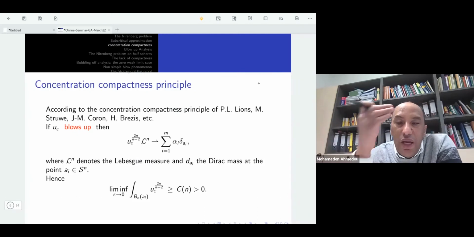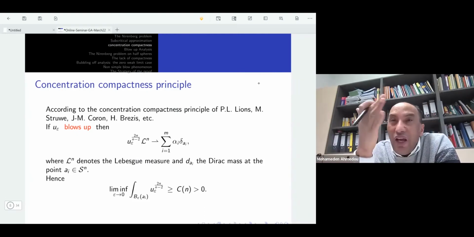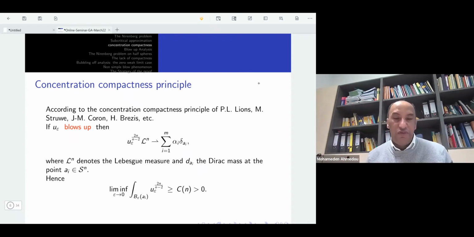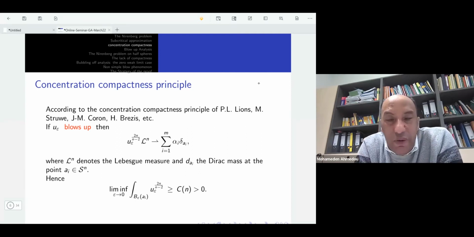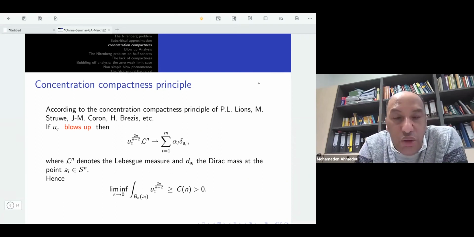So now you have to understand this lack of compactness, and in this framework you have the so-called concentration compactness principle, which allows you to understand what happens to this u epsilon. This is a work of Pierre-Louis Lions, Michael Struwe, Jean-Michel Coron, Haim Brezis, among others.